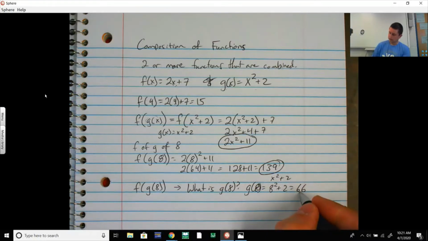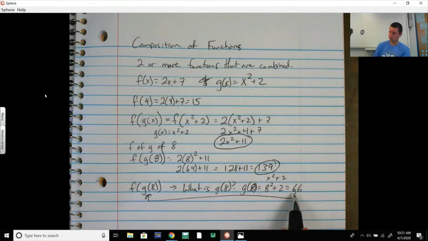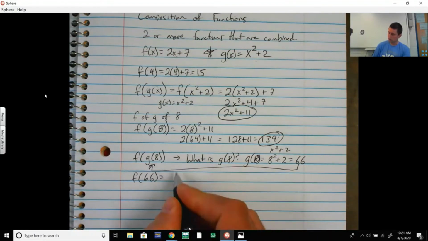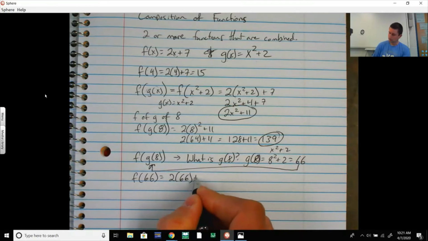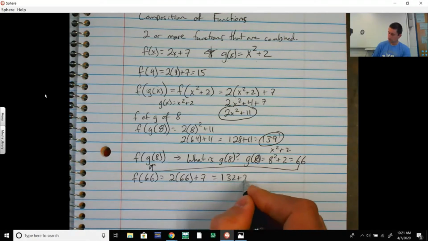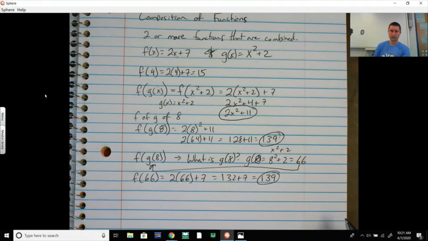So g of 8 is 66. We can replace that back here. G of 8 is 66, the number 66. So f of 66 now would be 2 times 66 plus 7, which is 132 plus 7, which is 139. We get the same answer. Okay, and you should be getting the same answer with both of those.